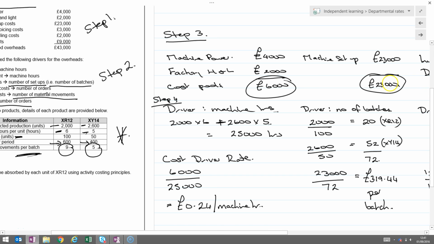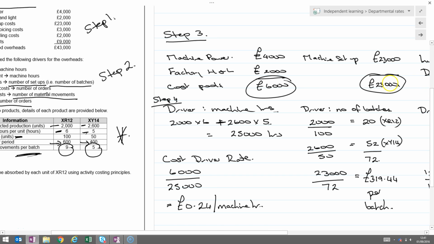So the overhead absorbed for the XR12. Our first cost driver rate is 0.24 per machine hour.